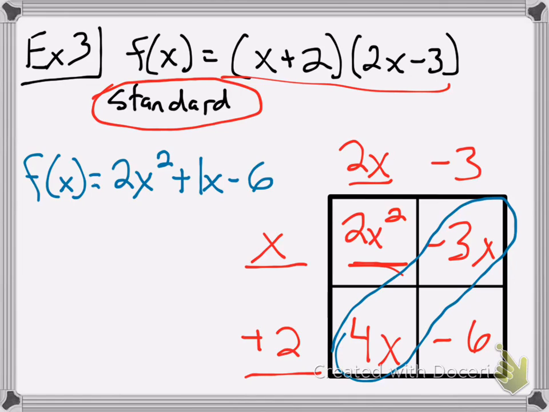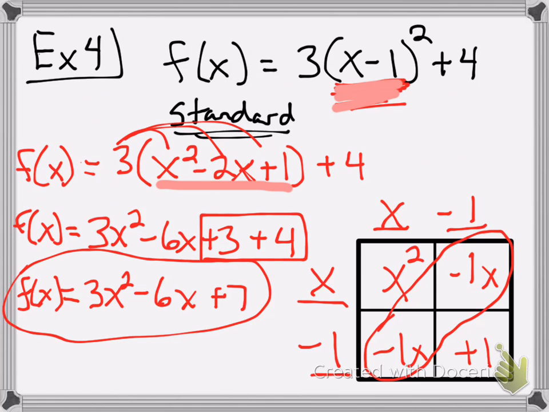Alright? So keep that in mind. Now I could go ahead and put this in vertex form because I got B, I got A, I can find H and K and be done.